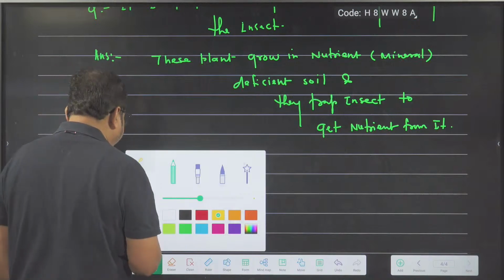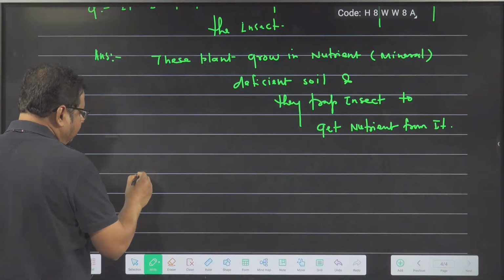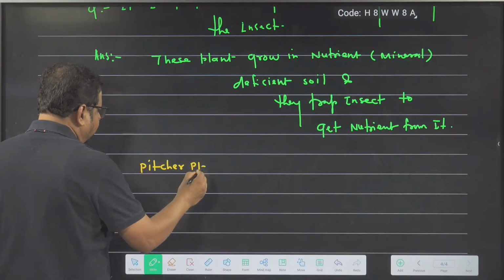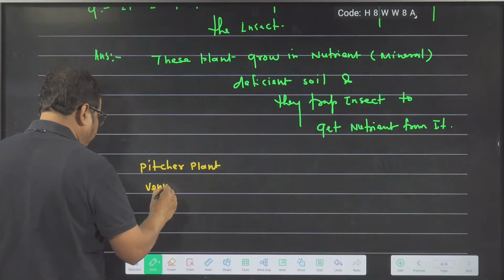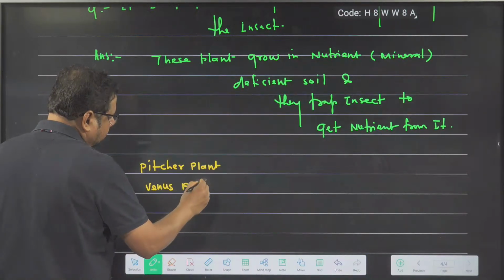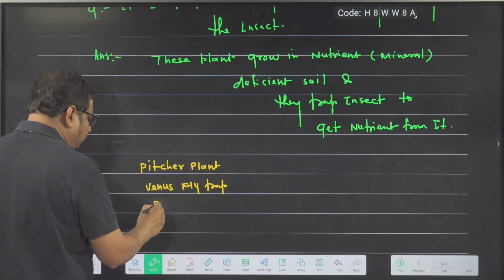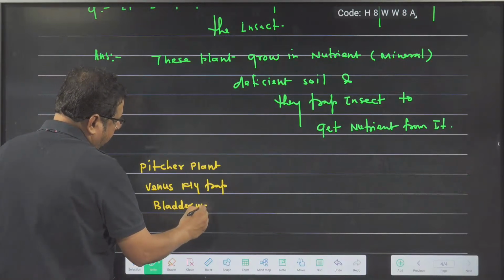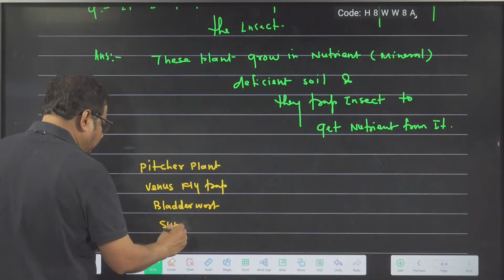Now I am writing some examples of these plants. In NCERT, pitcher plant is given as one example. Another example given is Venus flytrap. One more example I am adding is bladderwort. Another example I am adding is sundew plant.